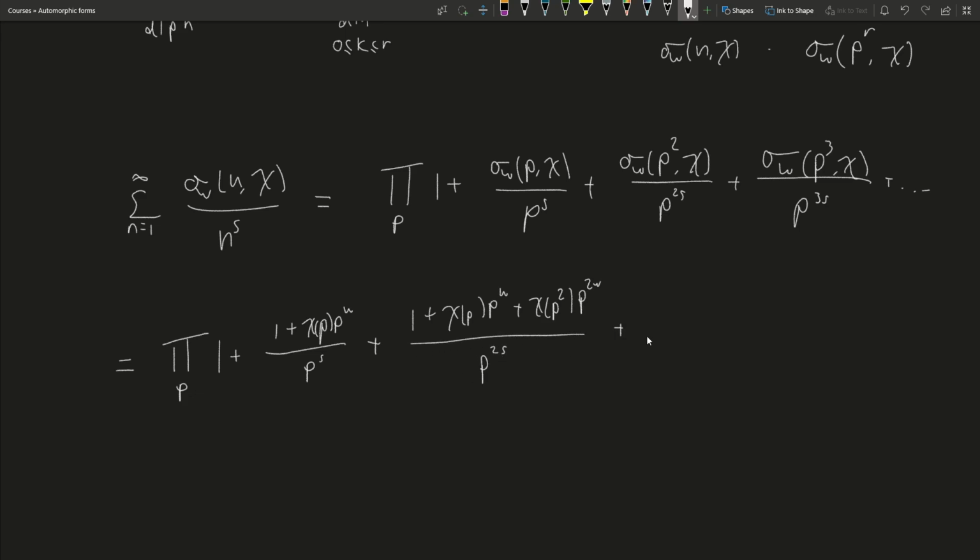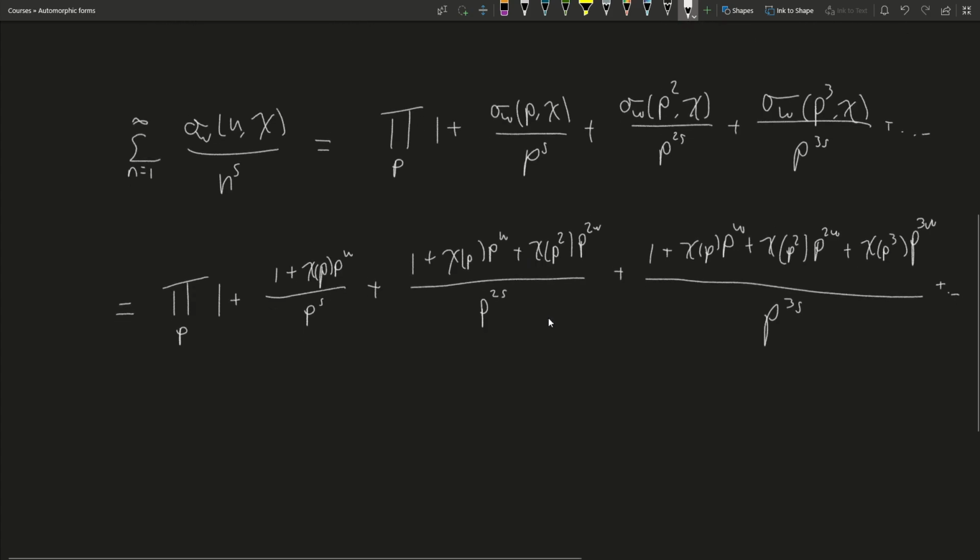The third term will be 1 plus chi p p to the w plus chi p squared p to the 2w plus chi p cubed p to the 3w all over p to the 3s plus dot dot dot.